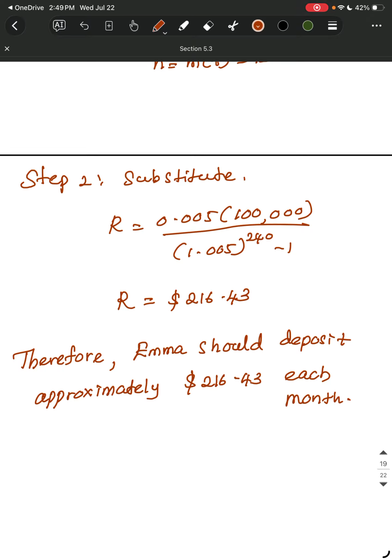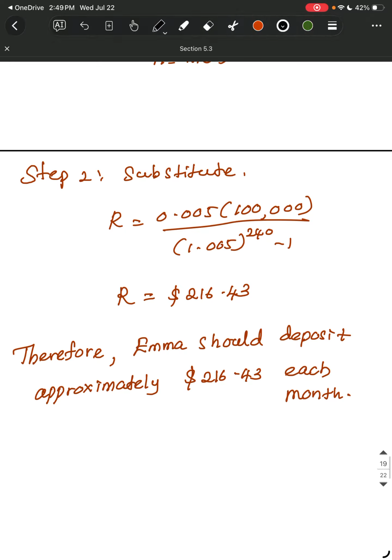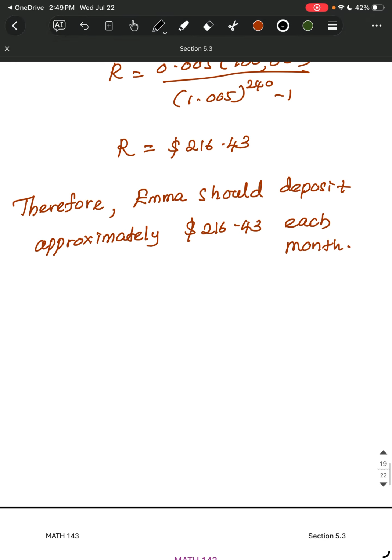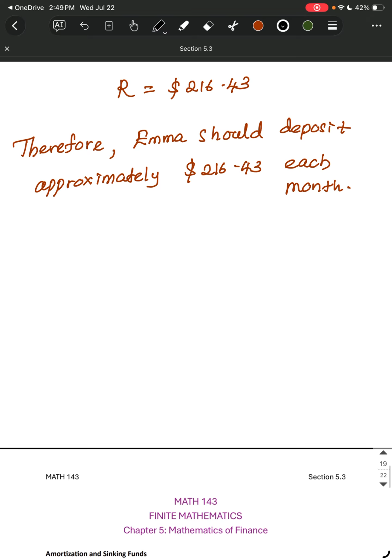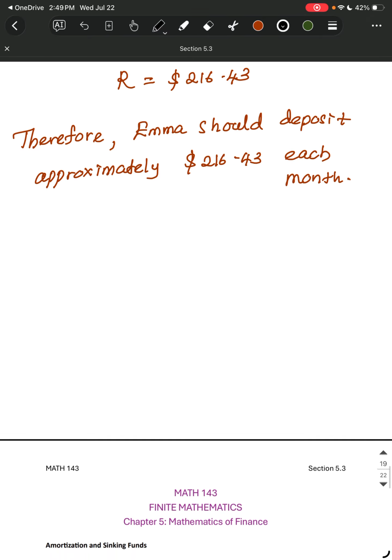I will end with additional practice questions. Please make sure to practice. First one, decide which formula should be used.